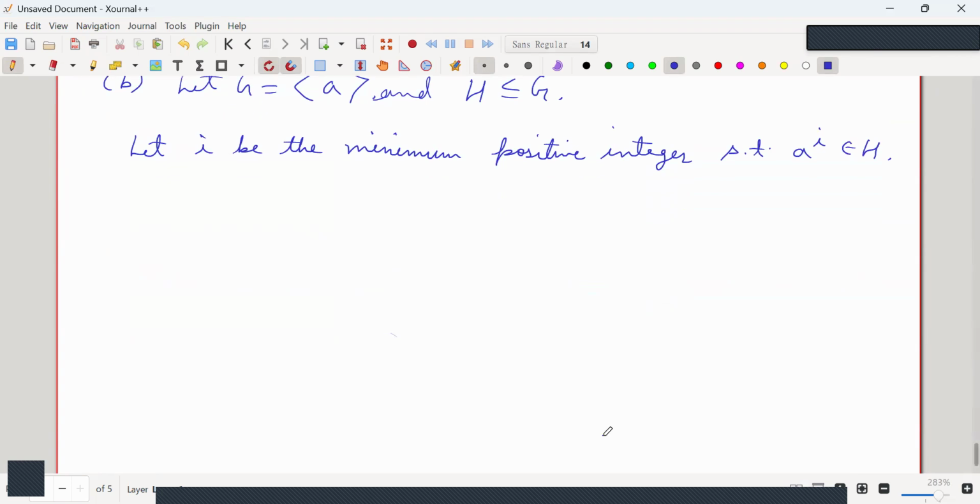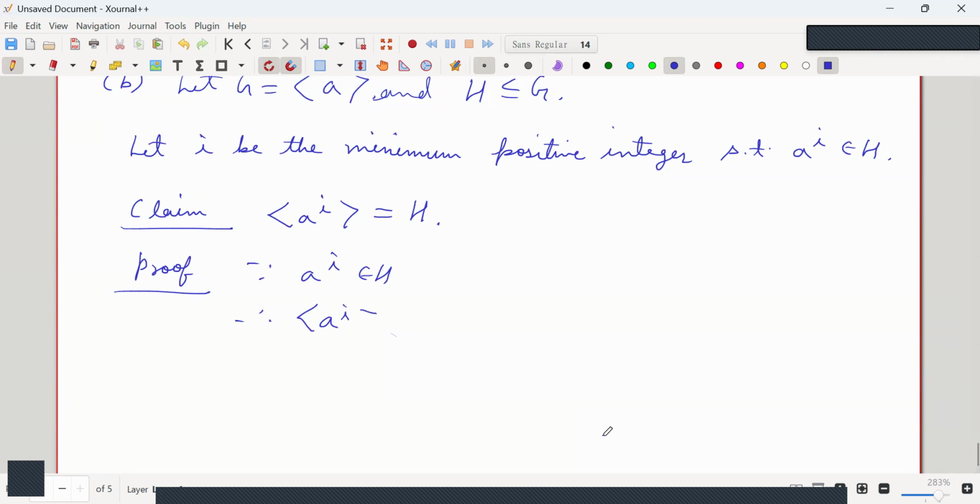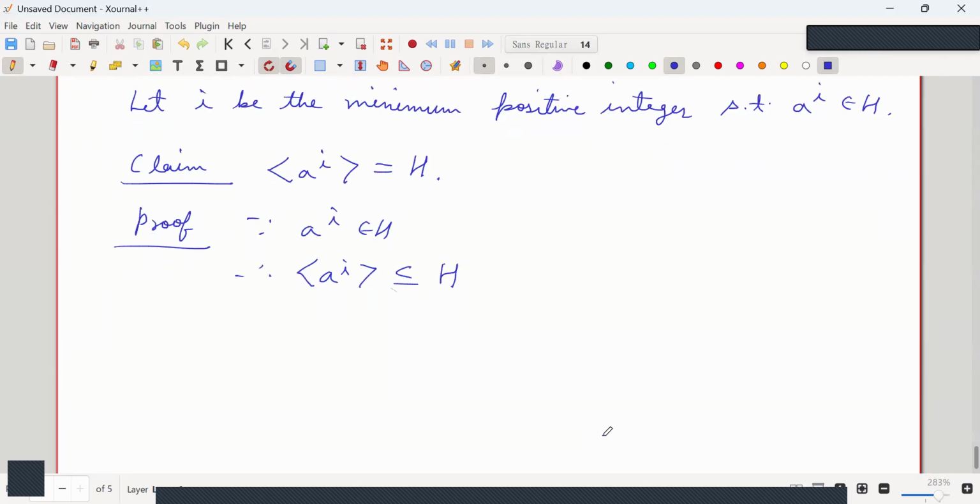Now the claim is the subgroup generated by A^I is actually H. Since A^I belongs to H, all of its powers are also inside H. So the subgroup generated by A^I is also inside H. So one side is very easy.